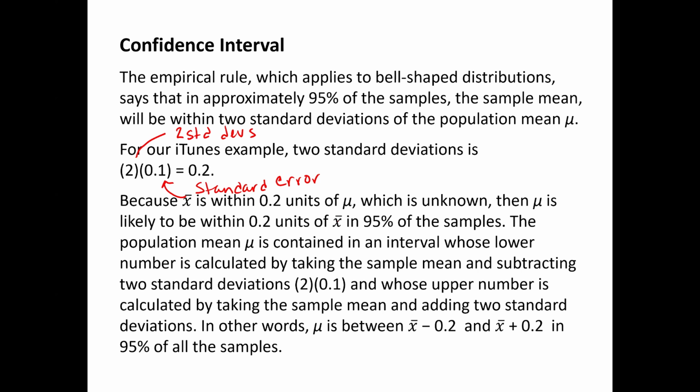Because X bar is within 0.2 units of mu, which is unknown, then mu is likely to be within 0.2 units of X bar in 95% of the samples. So in 95% of the samples that I take, mu is going to be somewhere between X bar plus or minus 0.2. I said 2 standard deviations, but that is not correct. That is just a number.